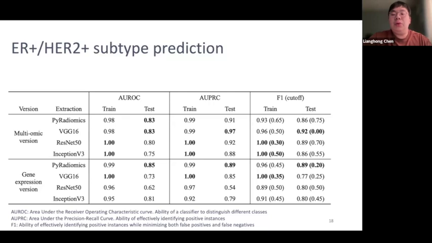Radiogenomic is a tool specifically used to extract radiogenomic features from medical images. VGG16, ResNet15, and Inception version 3 are convolutional neural networks with different structures and trained on different image datasets.